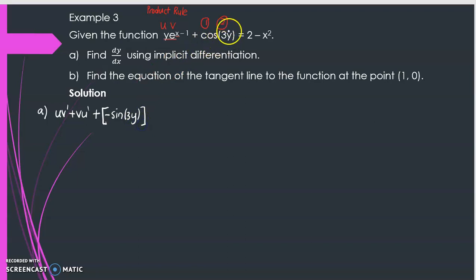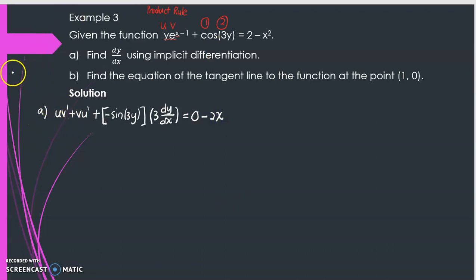Next, differentiate 3y, I should have 3, don't forget dy/dx, because we differentiate y. 3 dy/dx is equal to, differentiate constant is 0, differentiate negative x squared will become minus 2x.